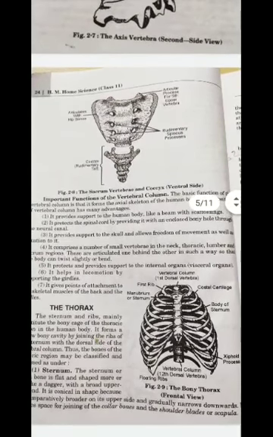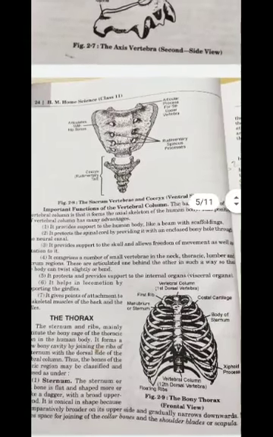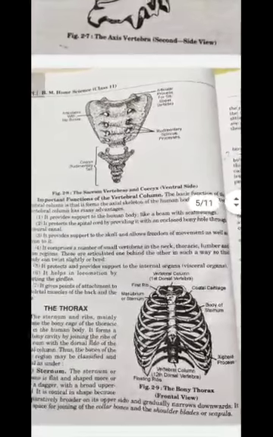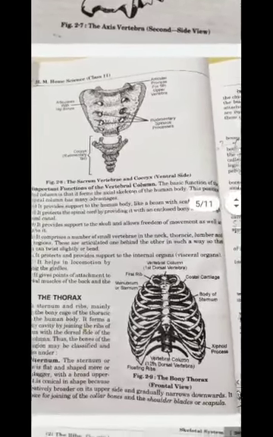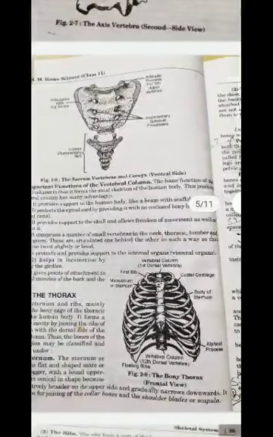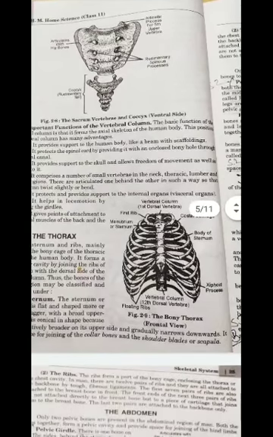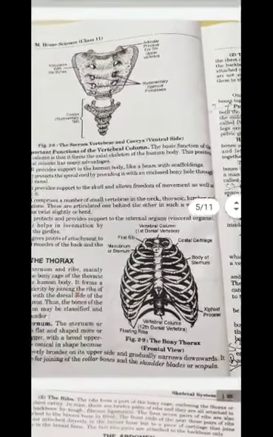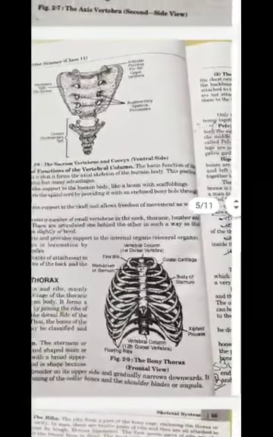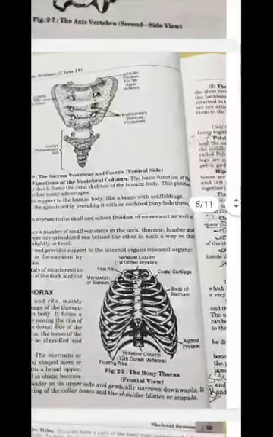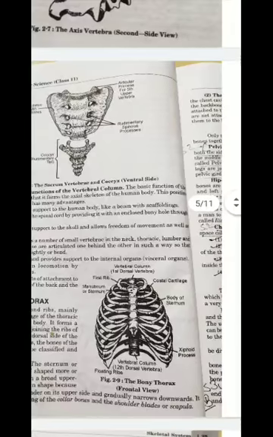It provides support to the skull and allows freedom of movement as well as rotation to it. It comprises a number of vertebrae in the neck, thoracic, lumbar and sacrum regions. It provides support to the internal organs. Number 6, it helps in locomotion by supporting the girdle. It gives a point of attachment to the skeletal muscles of the back and the girdle.